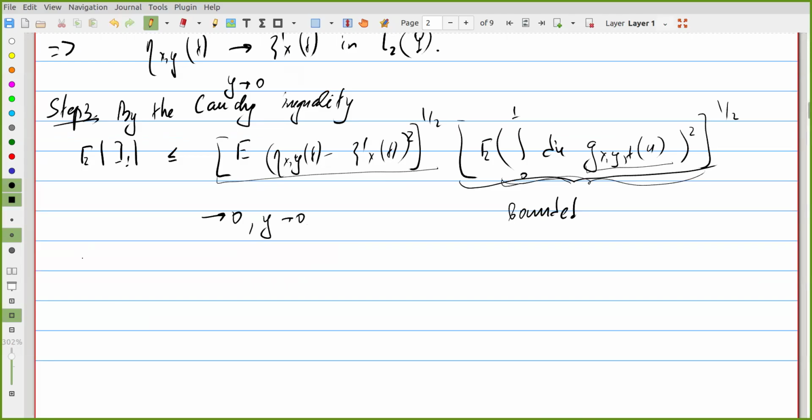And for I2, we have, again, by the Cauchy inequality, we get the part that depends on this. This is bounded now.